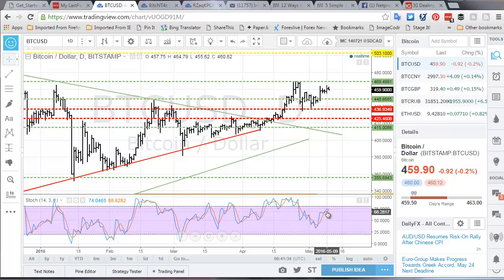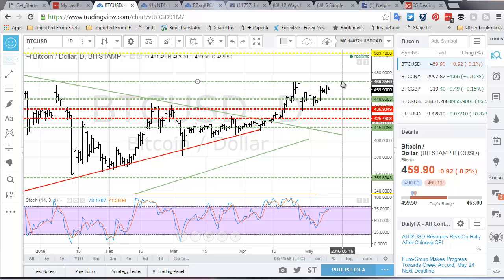So there's still some way to go, so not concerned yet about this pullback. My sense is that there is still enough momentum for the price to reach up to this horizontal level. That may well be where the momentum runs out.